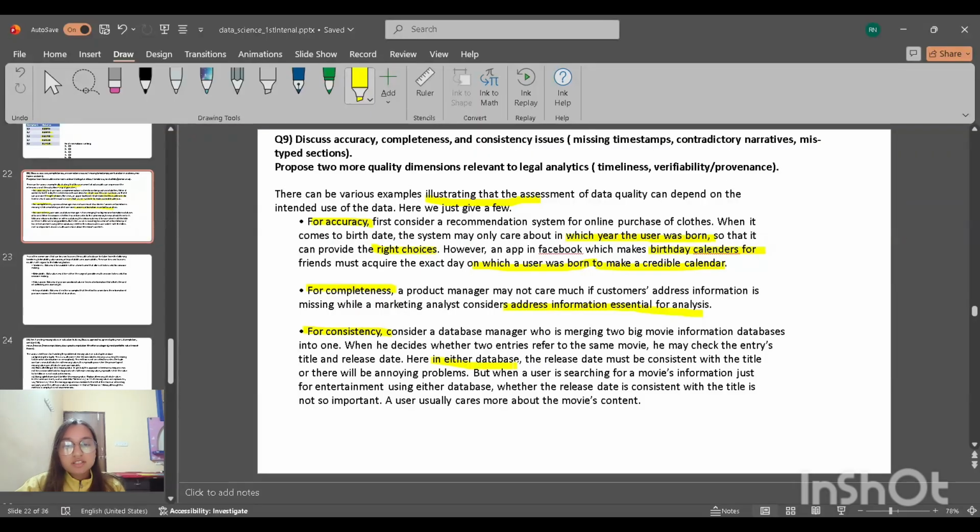Here in either database, the release date must be consistent with the title or there will be annoying problems. But when a user is searching for movie information just for entertainment using either database, whether the release date is consistent with the title is not so important. A user usually cares more about the movie's content.